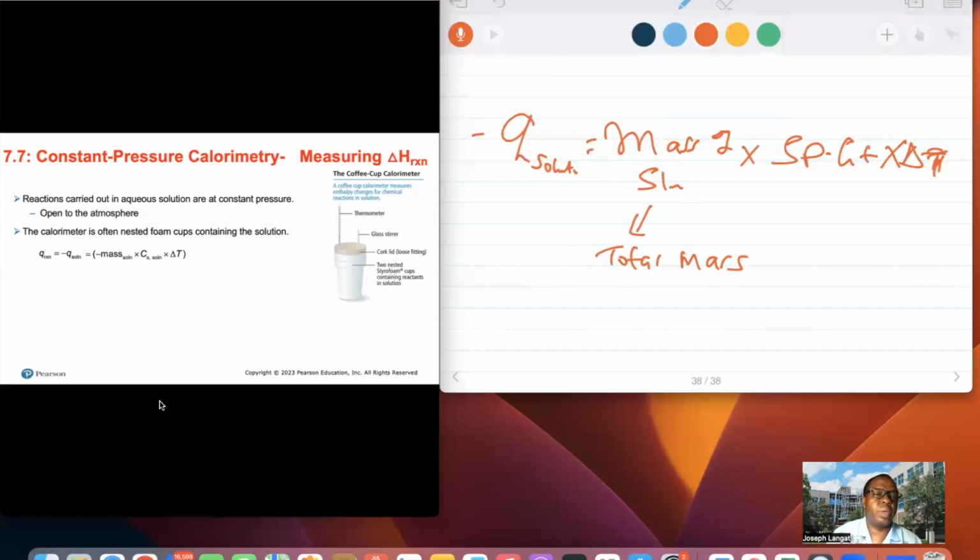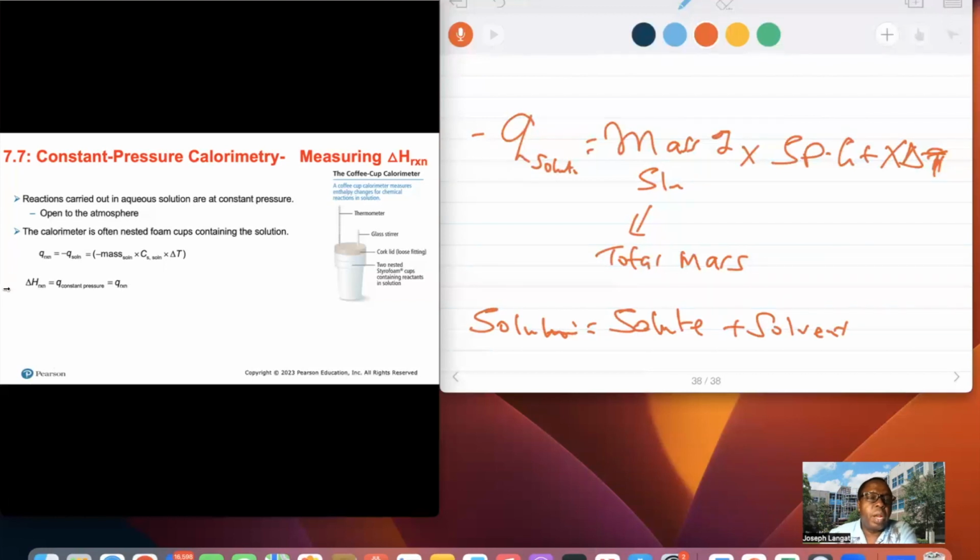This is what we looked at. Mass, specific heat for the solution, mass of the solution. And remember what we said earlier, the mass of solution is given by the solute plus the solvent, whichever you have, the combined mass for the two. You can get the change in temperature, final minus initial.